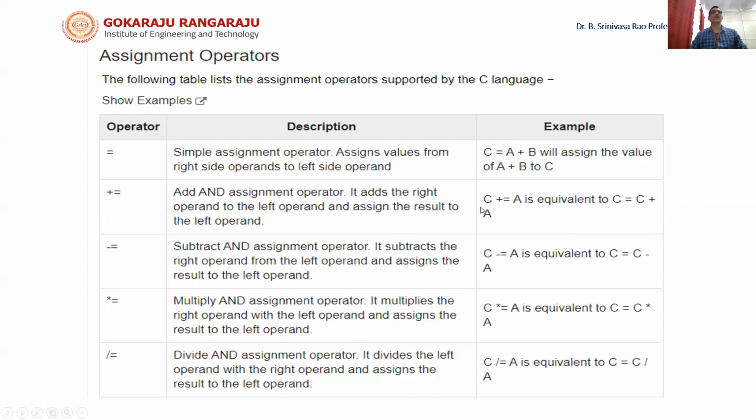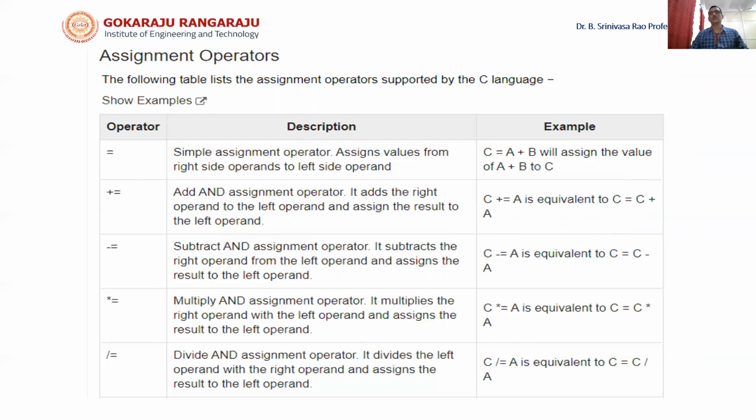Then we can see the complex assignment operators, where two operators are written adjacently. For example, if you see the plus assignment operator, it has a logical meaning: C assignment operator C plus A. That means the present value of A and the previous value of C, both will be added together and again assigned to C itself.